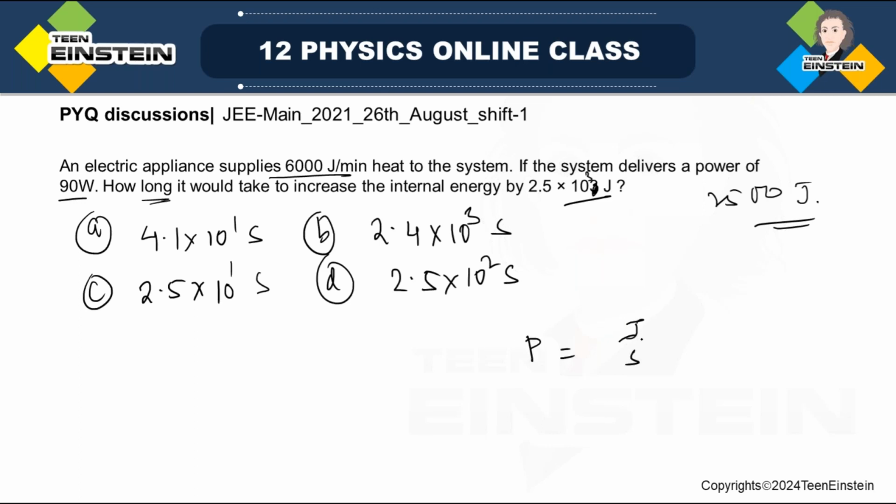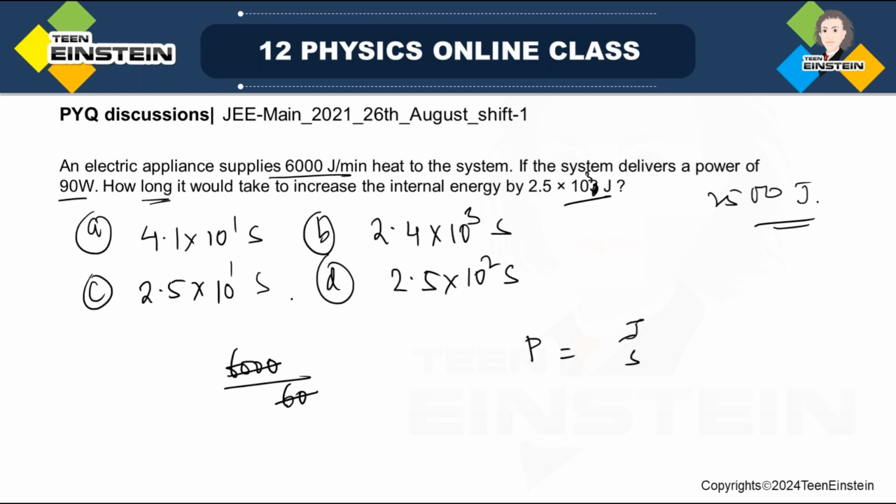Joule per second. This is joule per minute. Let us write what is joule per minute, joule per second. So joule per minute means you have to multiply 60 here. Just 60. So what we get?